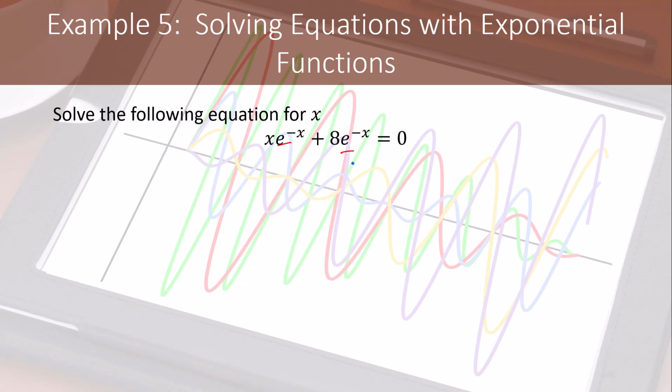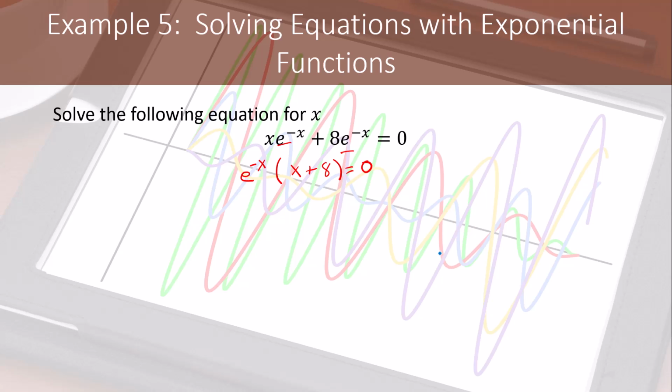Not only that, these two terms have a common factor, which means it can be factored out, just tantamount to using the distributive property in reverse. So let's go ahead and do that. We can write this as e to the negative x times the quantity x plus 8 is equal to 0.